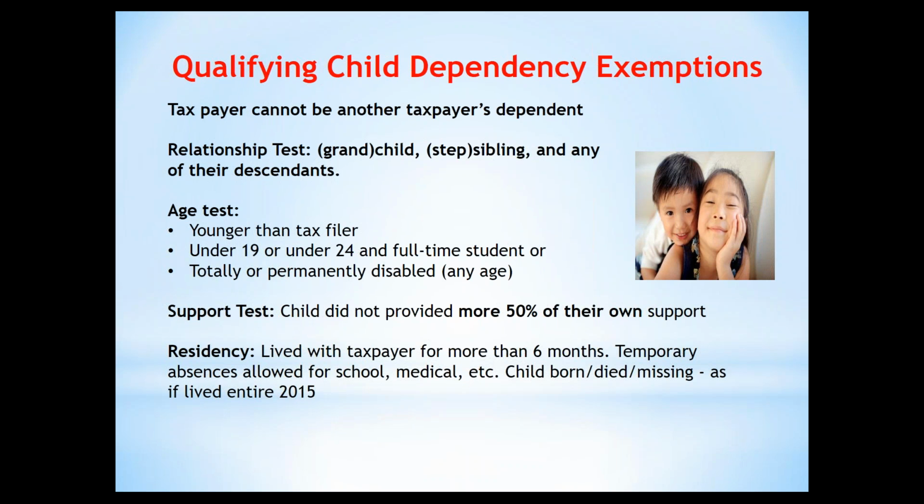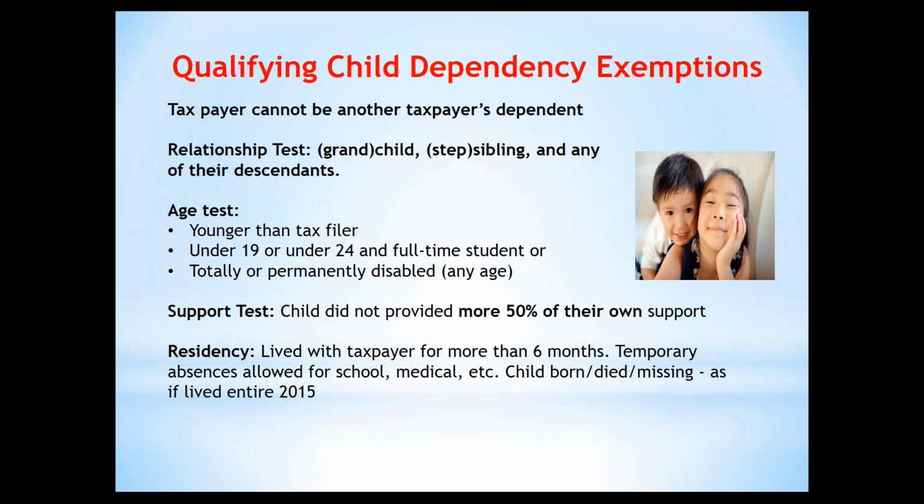I did touch base on this, the age test. The child has to be 19 or under, or 24 and under if they're going to college full-time. They can be any age if they're permanently disabled. So there are times when somebody has a child who can't live on their own, that they're disabled and they have to stay in the home even past the age of 19 and 24.